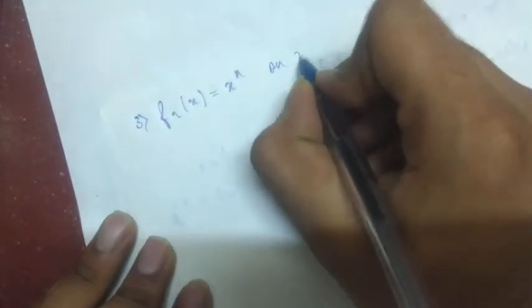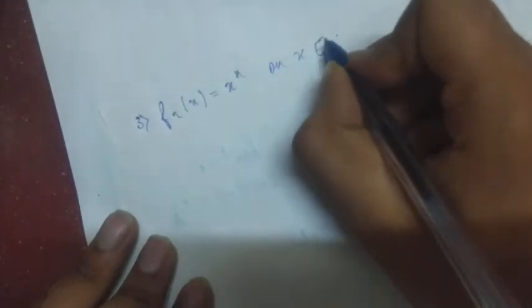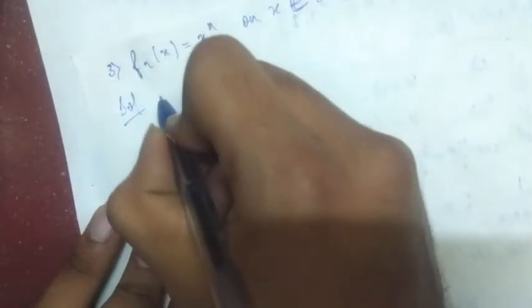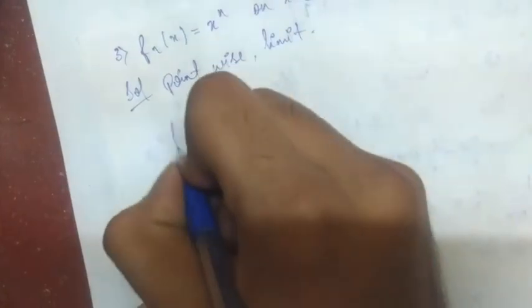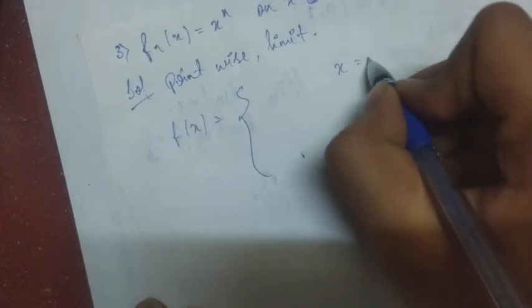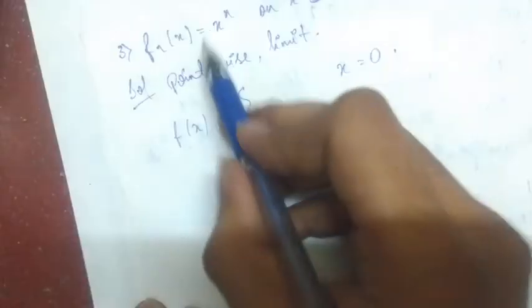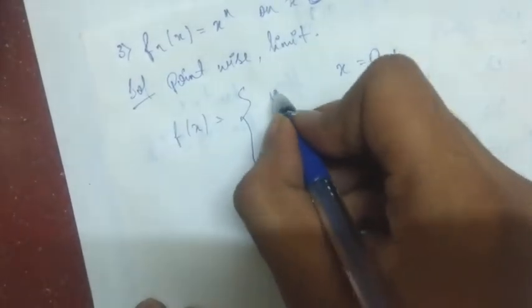Let's take another problem: f_n(x) = x^n on the closed interval [0, 1]. Once again, let's prove this by the pointwise limit. Let's take x = 0 first. When x = 0, we get 0.